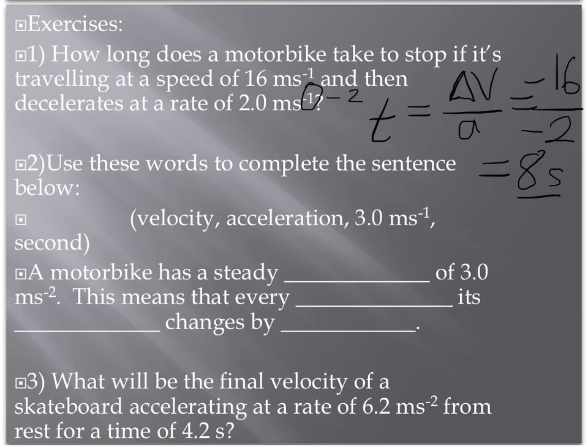Number 2, just checking your understanding. A motorbike has a steady acceleration of 3 meters per second squared. Notice that's the clue that tells us the word here must be acceleration. This means that every second, its velocity changes by 3 meters per second.